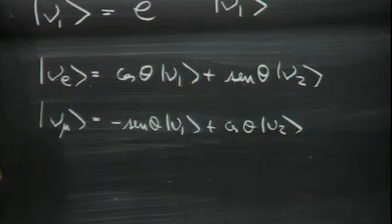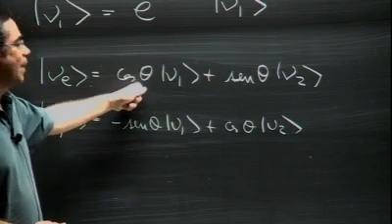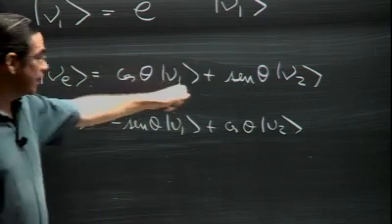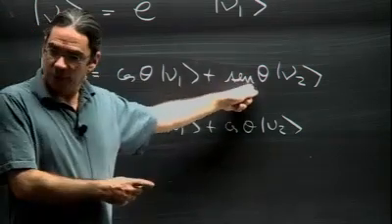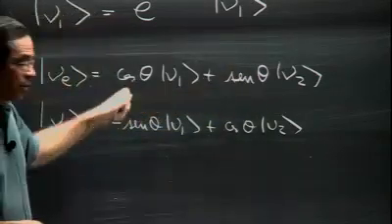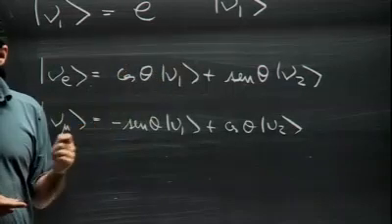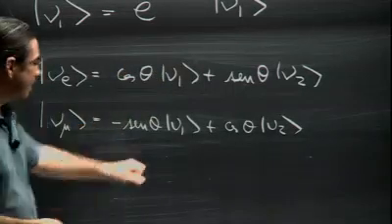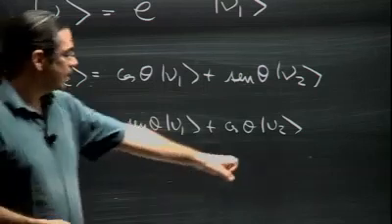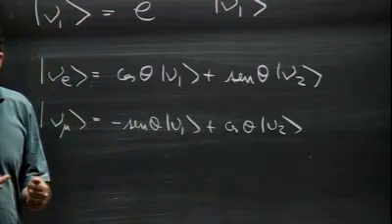Let me stop and say some obvious things. We know that this is some coefficient that I don't know. This is some other coefficient that I don't know. But I know that the sum of the squares of these coefficients is 1. That's why I call them sine theta and cosine theta. Again, this is a coefficient I don't know. This is another coefficient I don't know. Again, I'll call them sine theta and cosine theta.